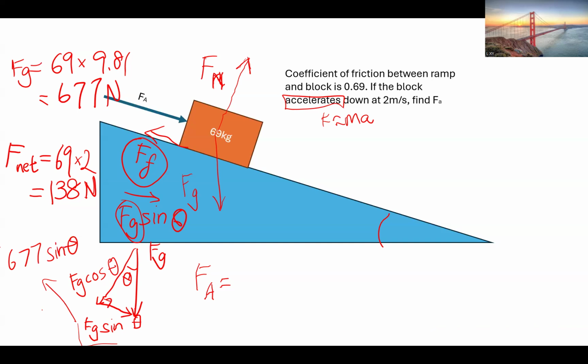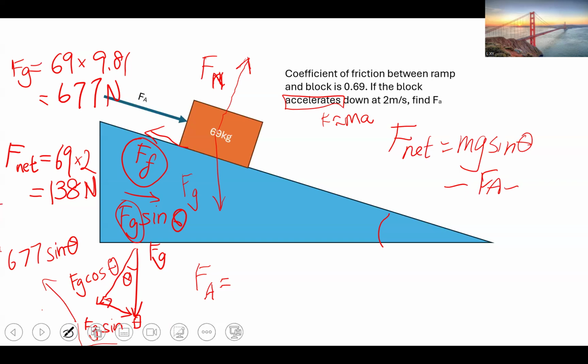And so we can say that the F net is equal to mg sine theta minus the applied force minus the friction, which we should write as Fk. And this is equal to ma.